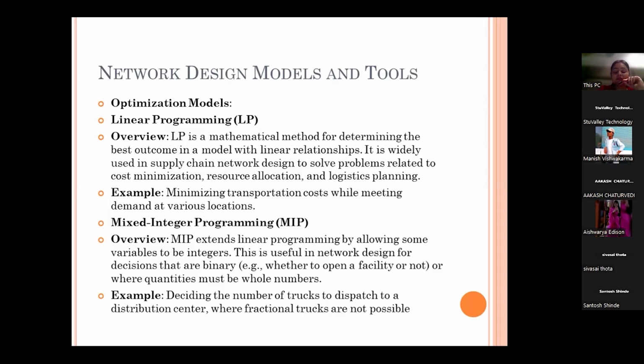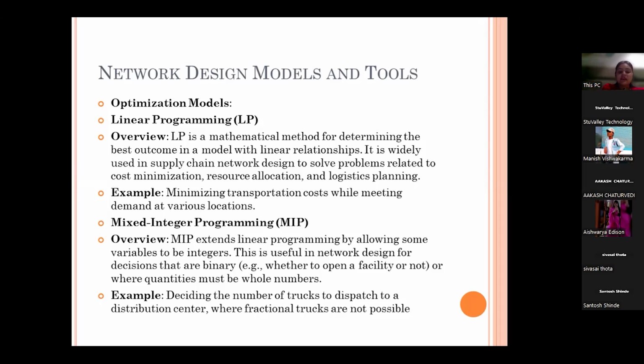But in mixed integer programming, let's say we take some variables in the programming. This is something technical. Like in maths at a small level, we have variables x, y, z to get the outcome of that variable.